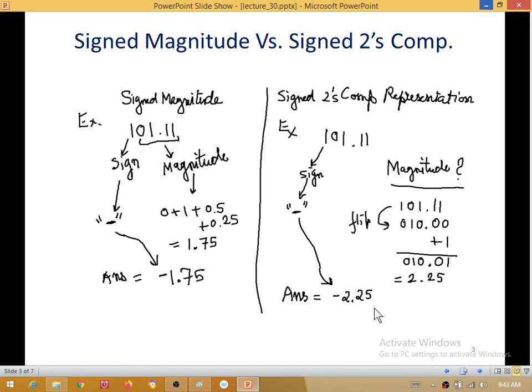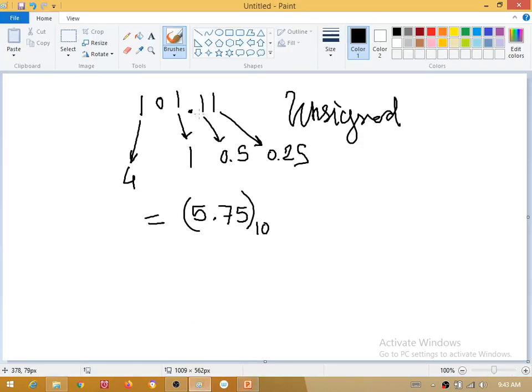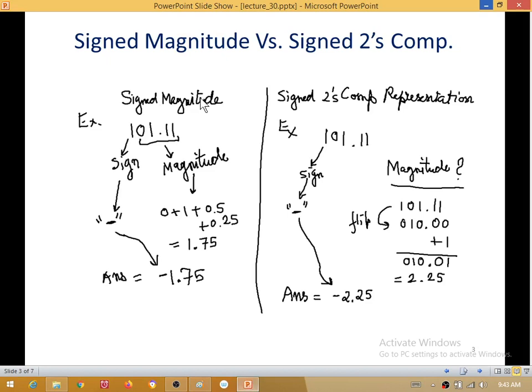So we see that a number that we write as 101.11 in the unsigned domain has the meaning 5.75. However, the same number in the signed magnitude representation has the actual value minus 1.75, and the same number in the signed 2's complement representation leads to minus 2.25.